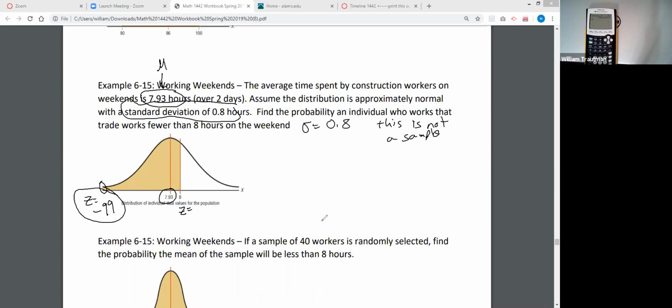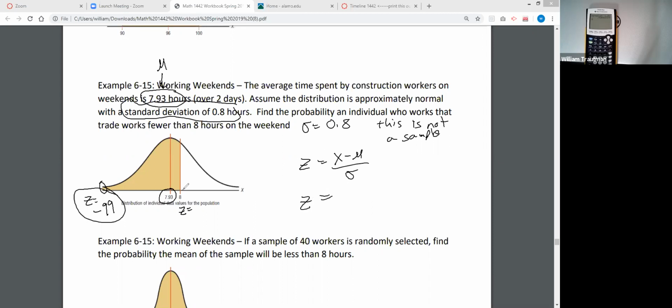Down below, the next question is the same question, but they're talking about a sample. The problem we did is not a sample. Since it's not a sample, to find the z value, we're not using the square root of n because it didn't tell us what n was.